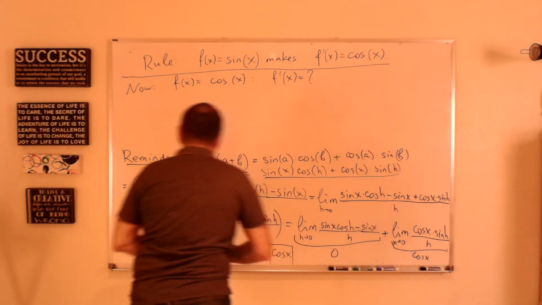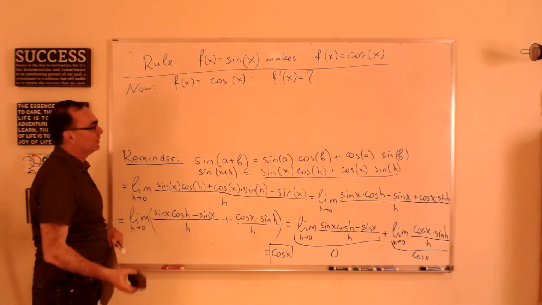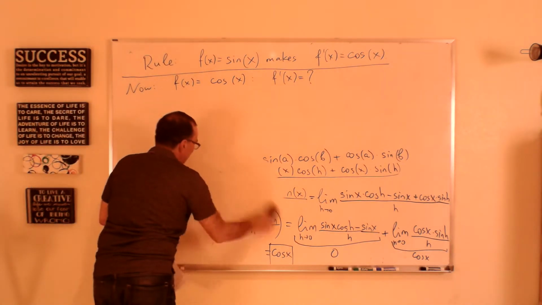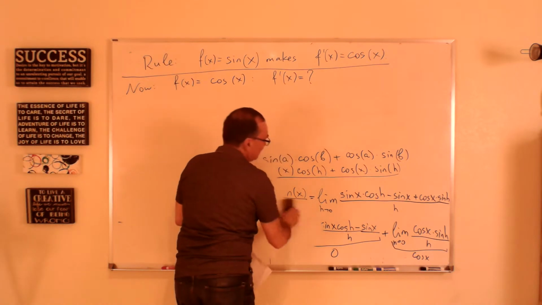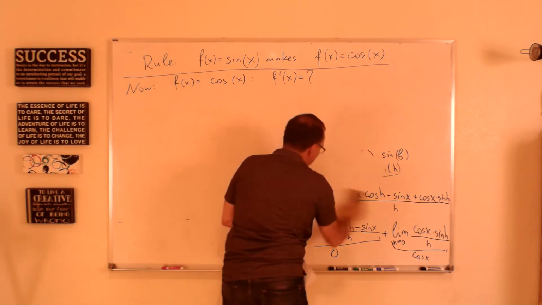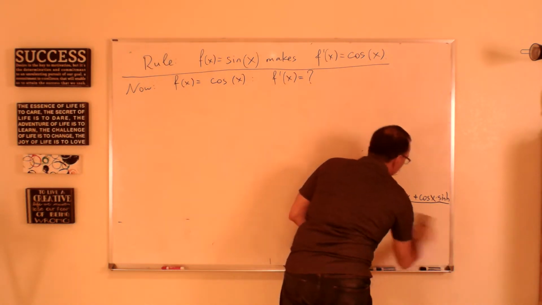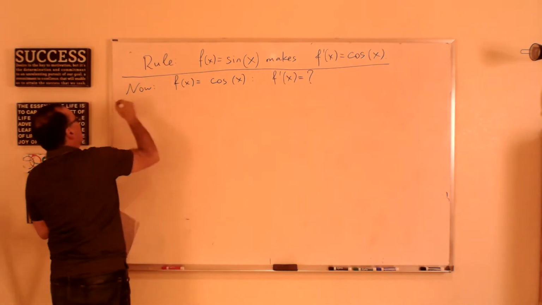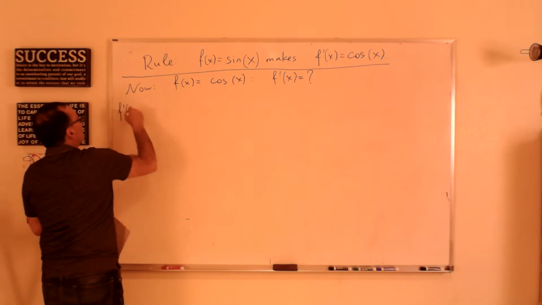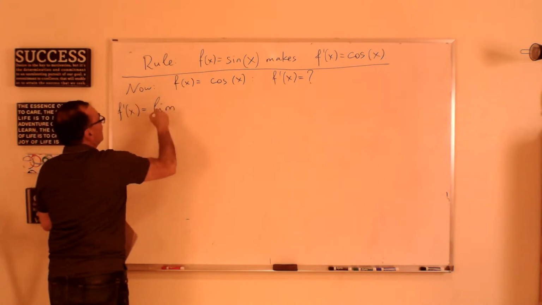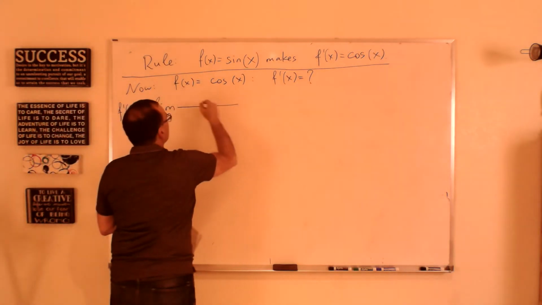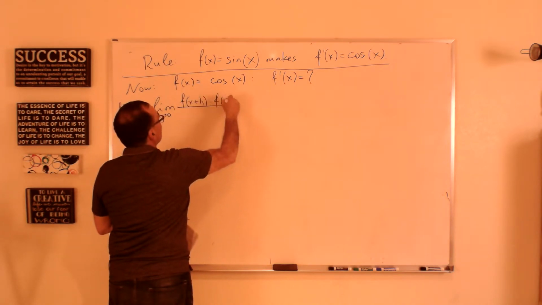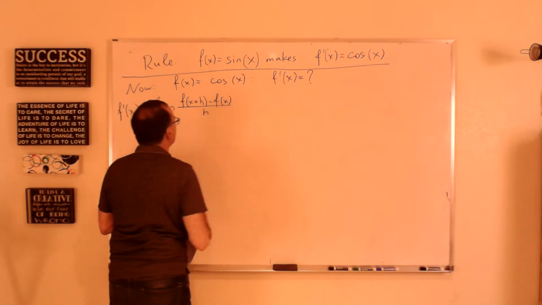You want to calculate the derivative using the limit formula, and the result of that limit formula eventually will be negative sine x. So let's do it. So f prime of x, again, the limit formula goes: limit as h approaches 0, f of x plus h minus f of x divided over h.